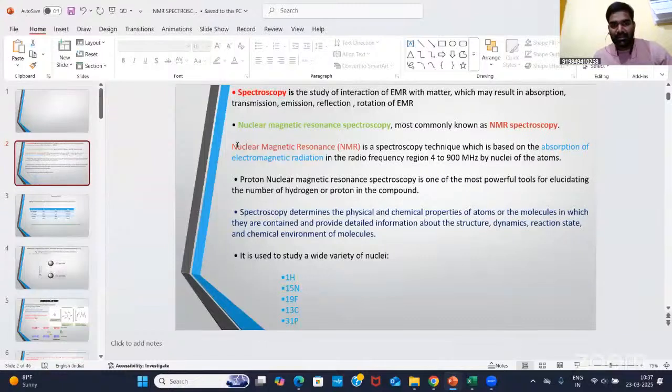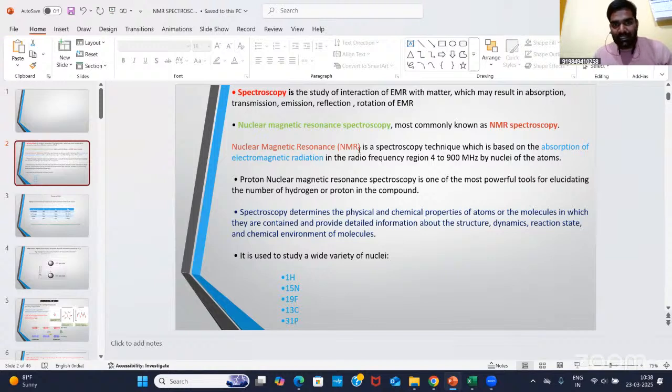NMR spectroscopy is based on the absorption of electromagnetic radiation. If it scatters, it is Raman spectroscopy. So absorption spectroscopy includes nuclear magnetic resonance spectroscopy, and IR is also an absorption spectroscopy.